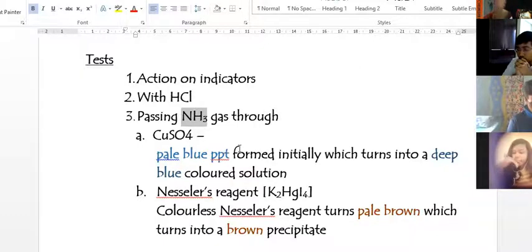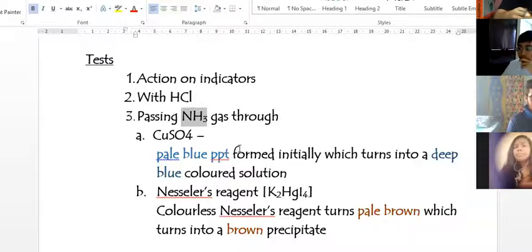This ammonia will react with that water, forming NH4OH, and then the test will be between NH4OH and CuSO4, giving you the same products. That is the reason why the observation also remains the same, that is, a pale blue precipitate initially and a deep blue colored solution later on. The reaction also remains the same because this ammonia dissolves in the water and gives you that particular test.